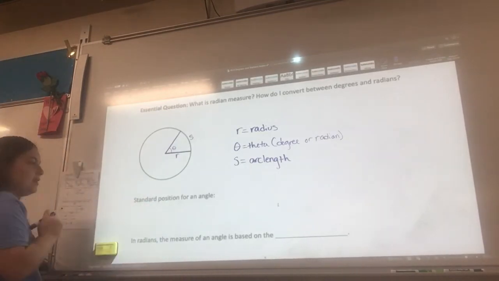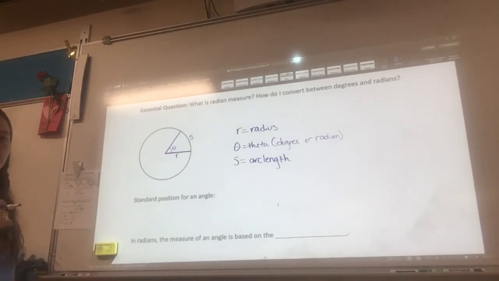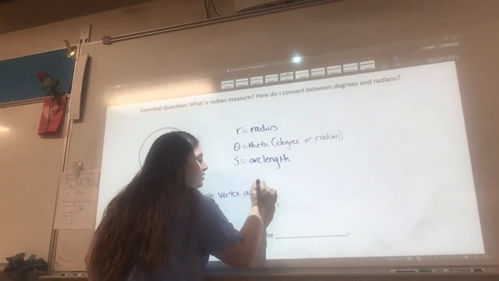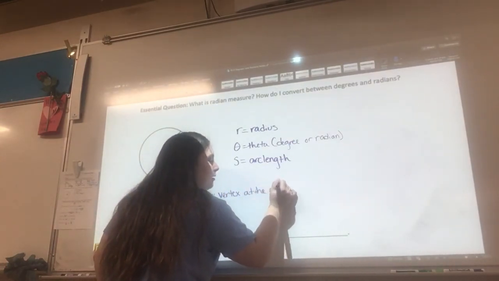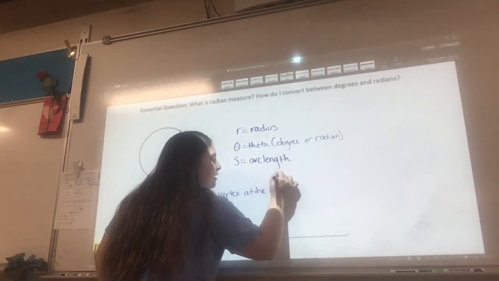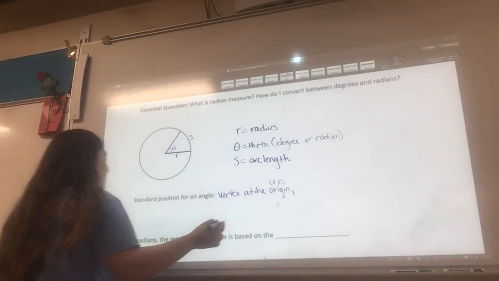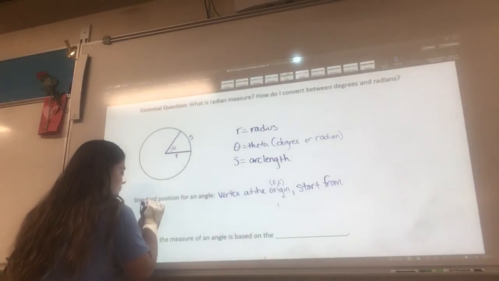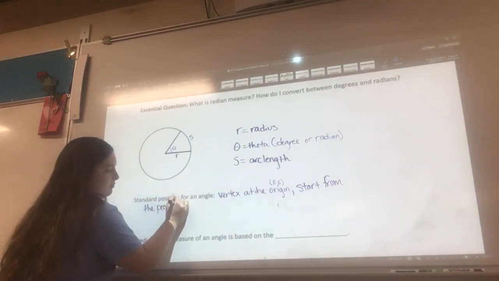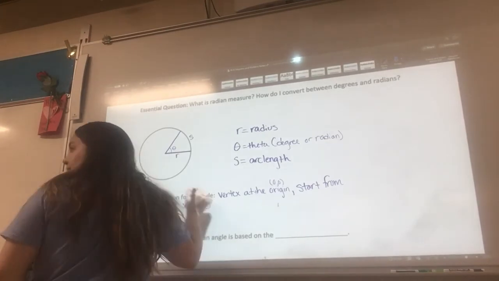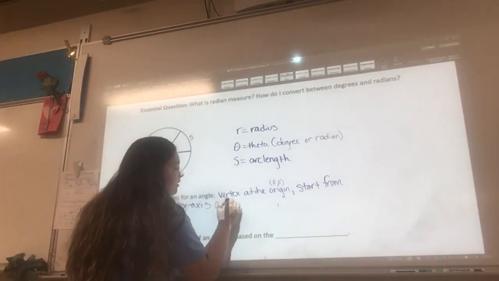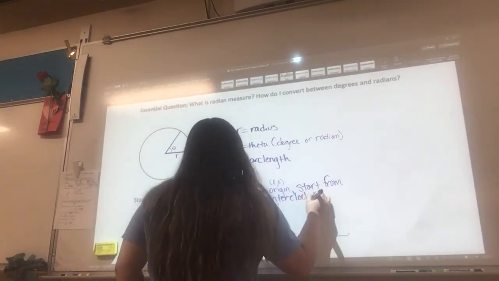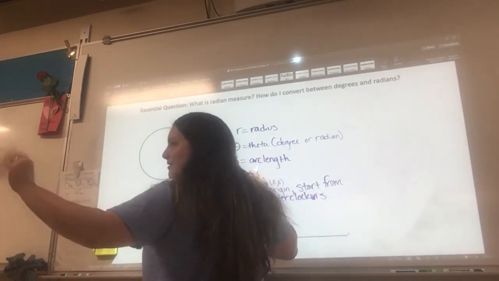What we first need to understand is the standard position for an angle. What that is, is a vertex at the origin. And remember, the origin is at 0, 0 in a circle. You're going to start from the positive x-axis and turn counterclockwise for a positive angle.